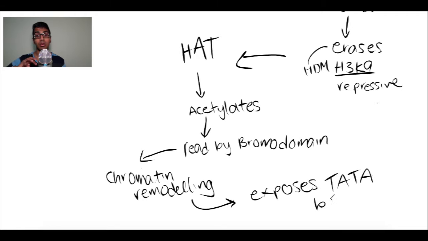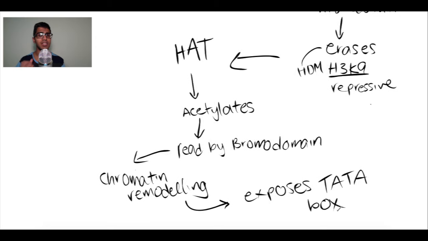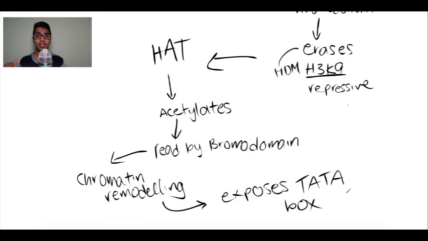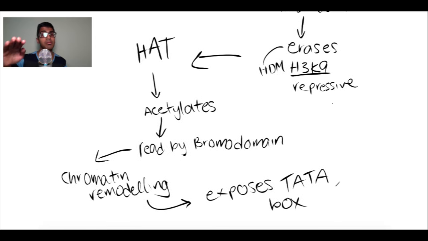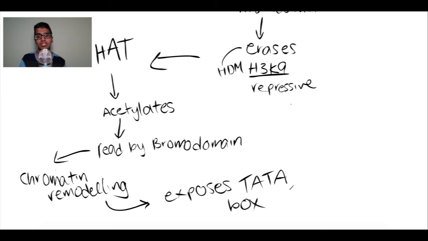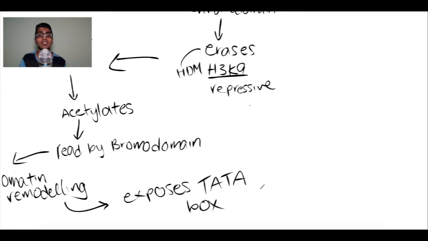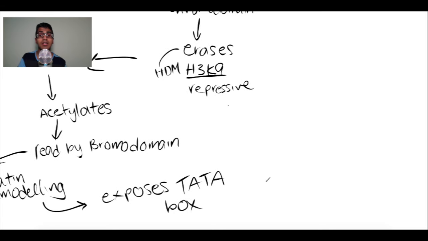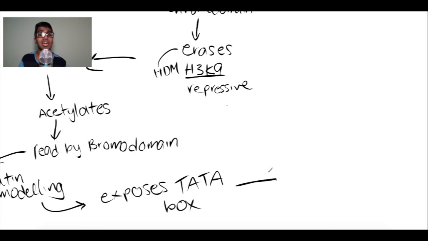If you remember what a TATA box is, it's right at the beginning of the DNA strand, and that allows RNA polymerase to bind onto the DNA. And that's exactly what it does. Once the TATA box is exposed, RNA polymerase can bind to the DNA template strand and produce an mRNA strand.